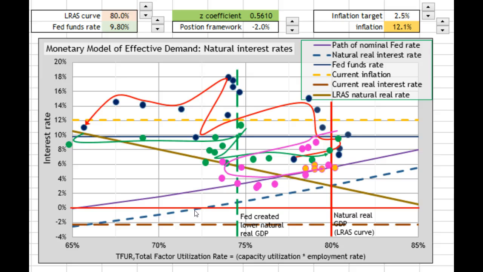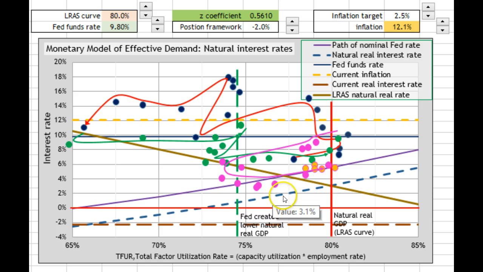This Fed's trying to pull the economy back from recession. But look at inflation. Inflation is still way up there. And the Fed rate is below inflation. So inflation wants to take off from this point. So the Fed sits back and says, what are we going to do? And what they do is an amazing thing.